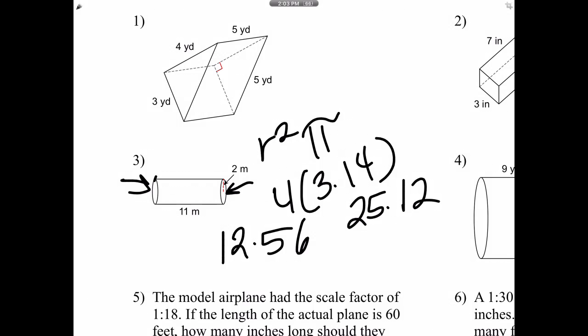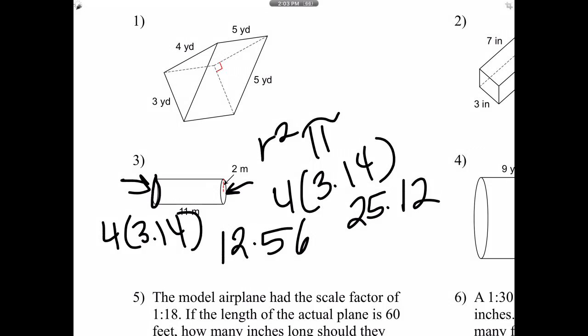Now remember, the length of this rectangle that goes all the way around the cylinder is going to be found by the circumference. And in this case, the circumference is going to be 4 times pi because the radius is 2. So 4 times 3.14.